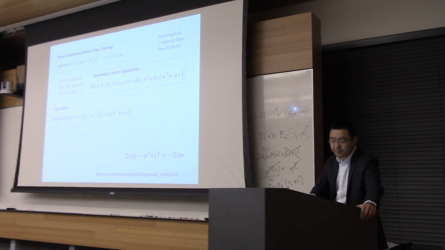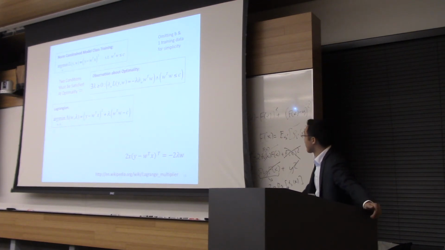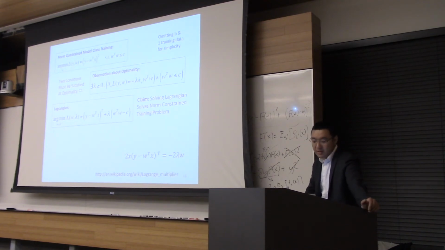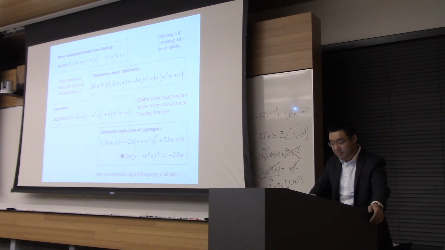We can write out the Lagrangian if you've taken multivariable calculus, which I believe everyone in this class has taken. And the claim is that solving the Lagrangian is equivalent to solving the norm constrained model class.